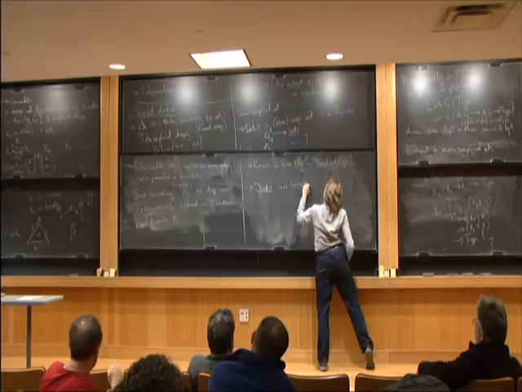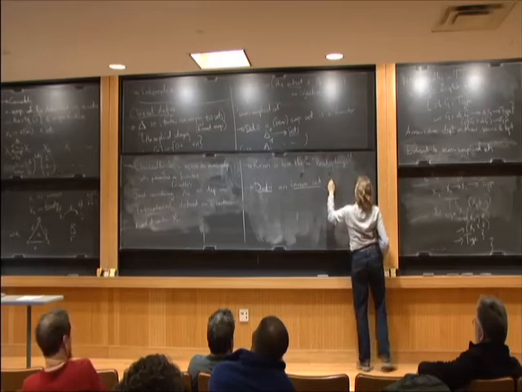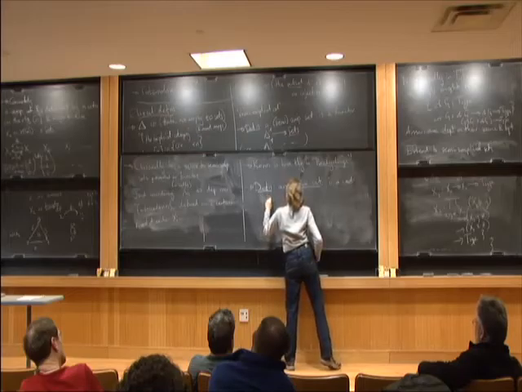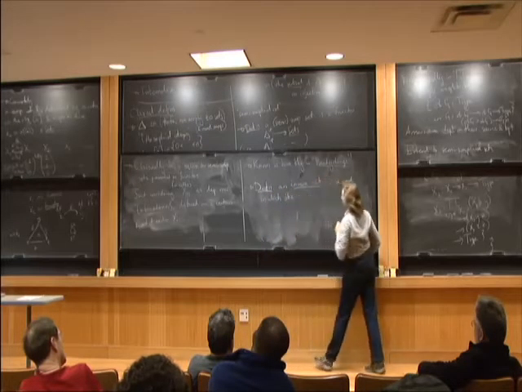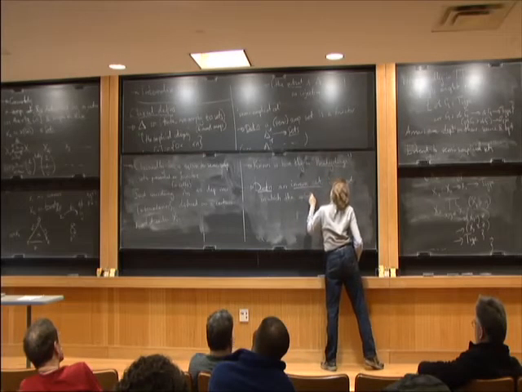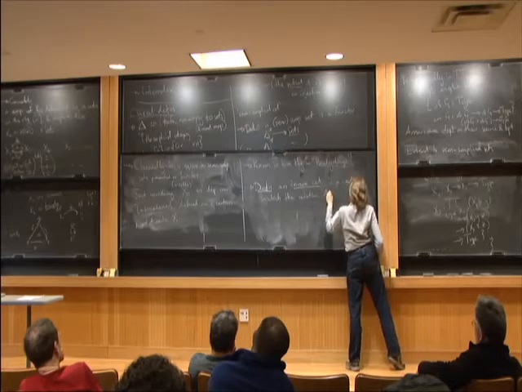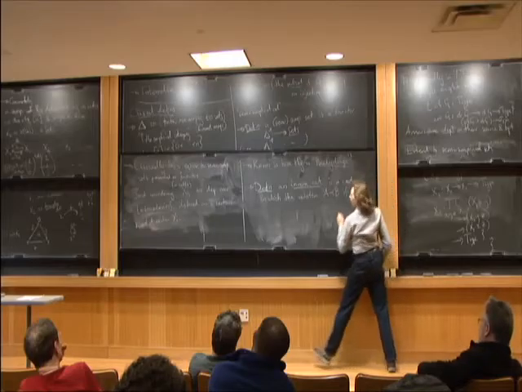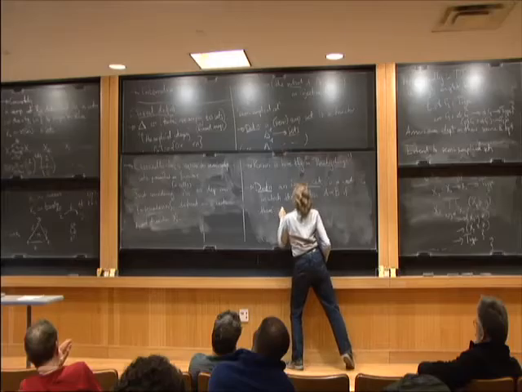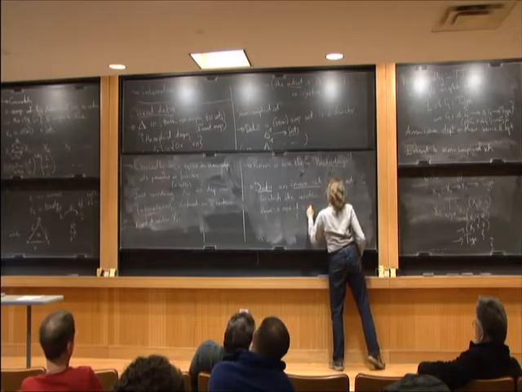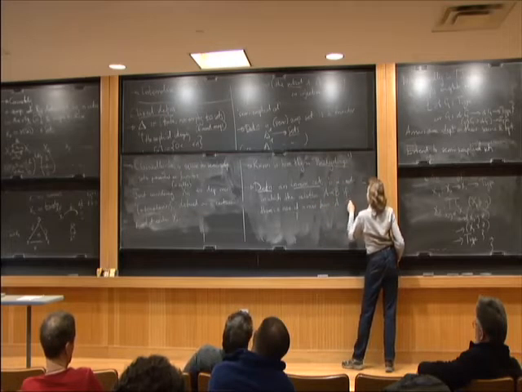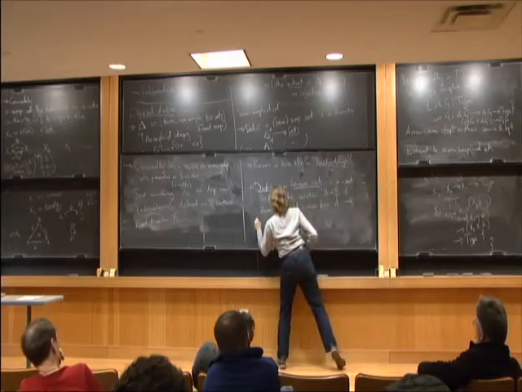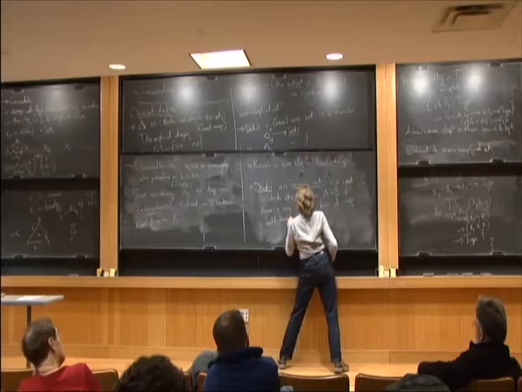An inverse category is a category in which the relation on objects, where A is less than B if there's a non-identity arrow from A to B, is well-founded.